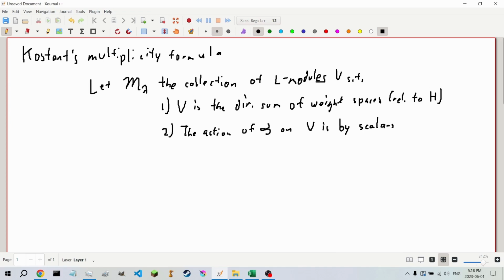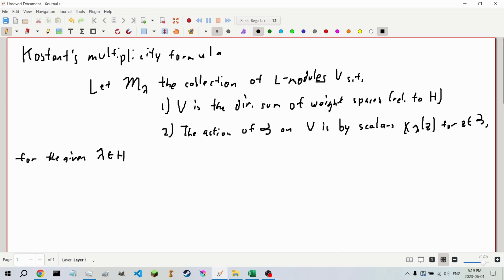given by our character function chi lambda of z, for z in this, for the given lambda in H star.